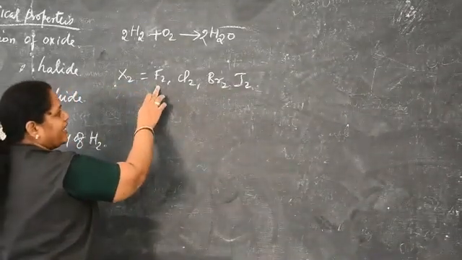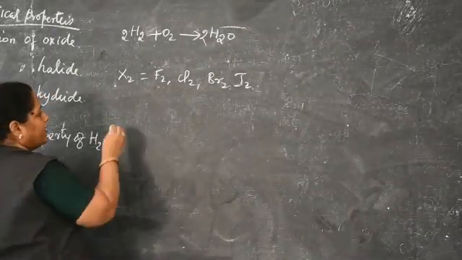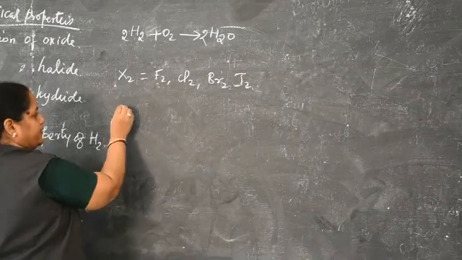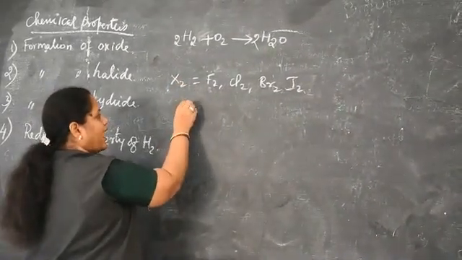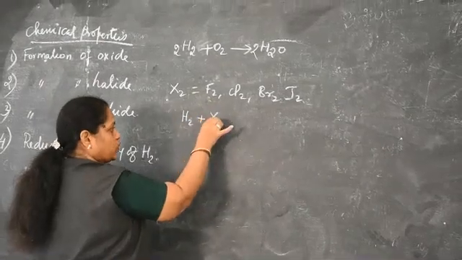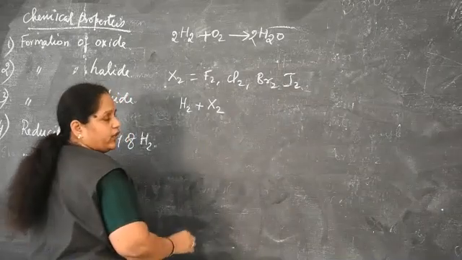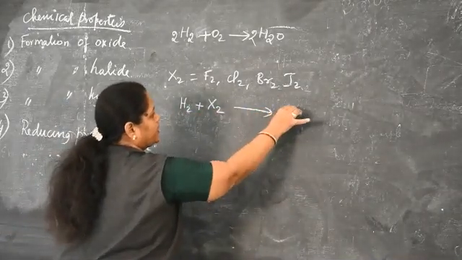So these halogens readily combine with hydrogen in different manners. Fluorine has the greatest affinity with hydrogen. Hydrogen combined with X2, which may be fluorine, chlorine, bromine or iodine, gives HX.